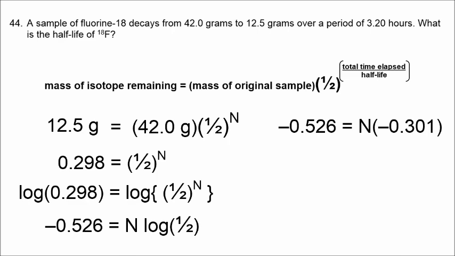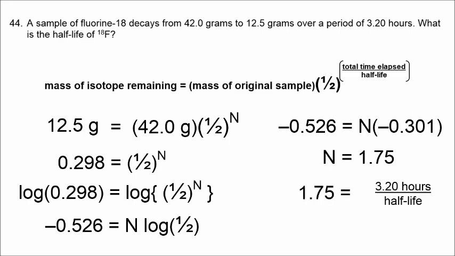So negative 0.526 equals N times negative 0.301. N equals 1.75, which is the total time, 3.2 hours, divided by the half-life, which we don't know. The half-life would be 3.2 divided by 1.75, so the half-life is approximately 1.8 hours.